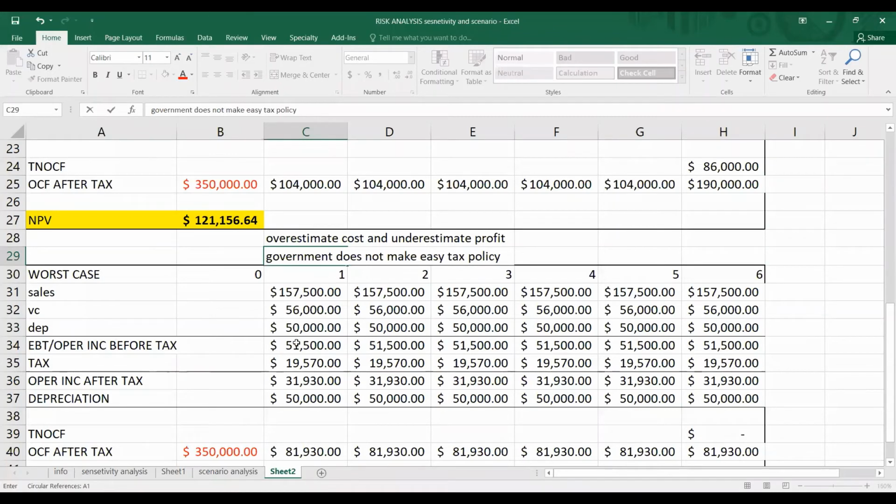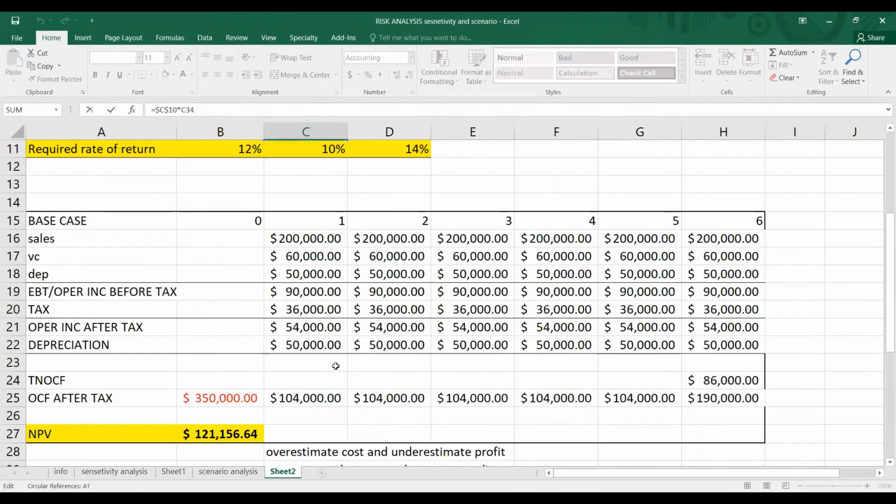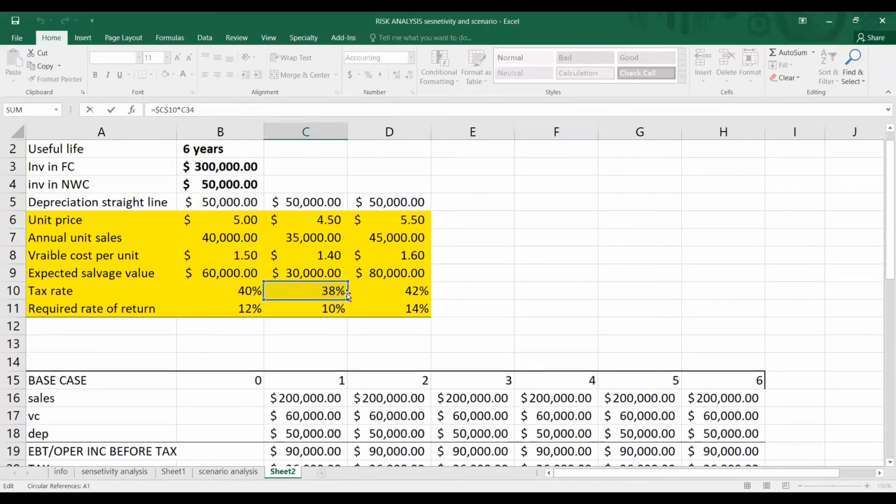So it means that whatever the tax is supposed to be, we need to kind of overestimate. So the issue was raised, it could be reasonable to increase the tax rate in here. But again, it depends on the company. A company may not increase the tax rate, as exaggeration or overestimation. It depends on the company policy. But in our case, let's increase it because we may consider this as cost.